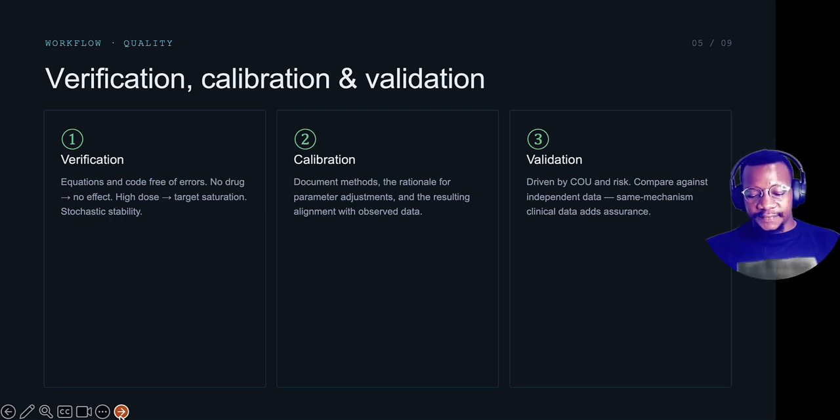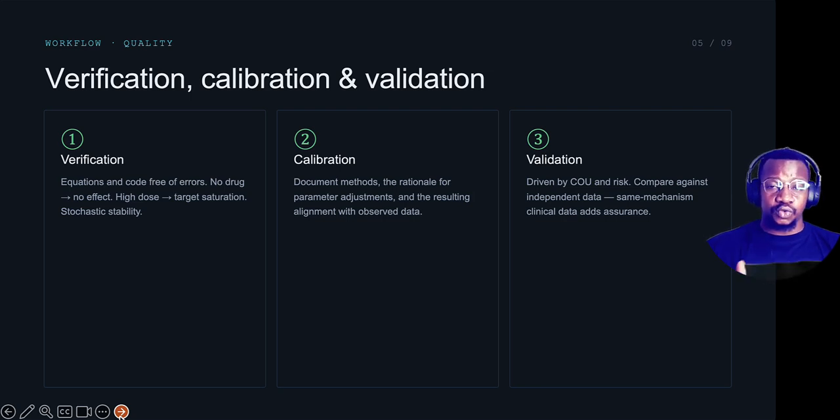So let's look at model verification, model calibration, and validation. You need to document both. That's the most important thing at this stage. Verification: the equations and code should at least be free of errors.